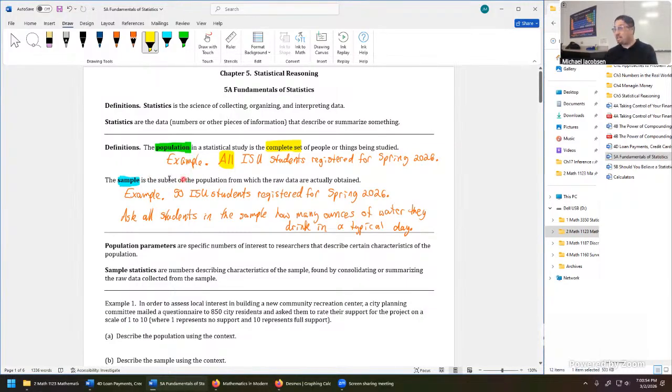But when we say we have a sample of 50, we're immediately implying, whether we said it or not on paper, because it's a subset of the population, they have to also be ISU students registered for spring 2026. We can't have a single student that's not registered, that was only registered for ISU in spring 2025, for example. It has to fit the population exactly. It's just a selection from them.